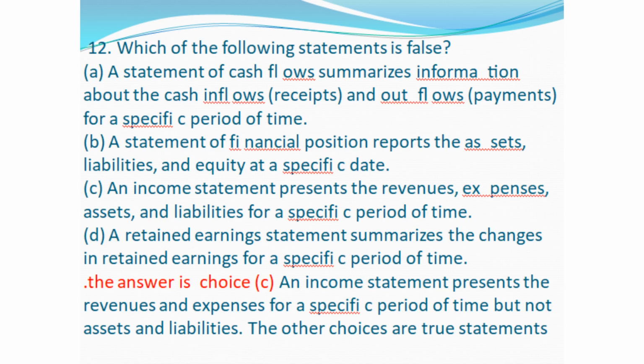C. An income statement presents the revenues, expenses, assets, and liabilities for a specified period of time. D. A retained earnings statement summarizes the changes in retained earnings for a specified period of time.